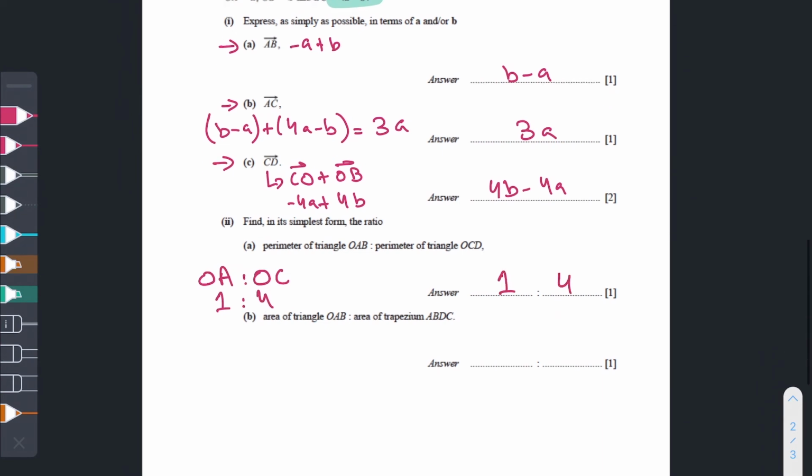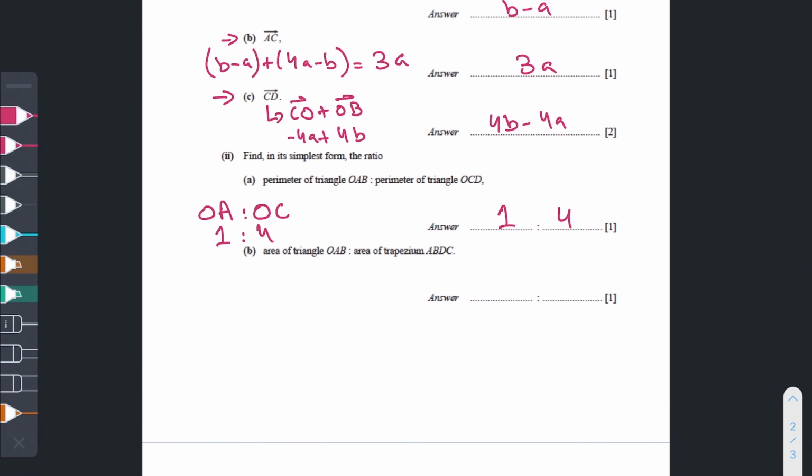The last part of the question says, the area of the triangle OAB against the area of the trapezium ABDC. For example, if you are comparing the two triangles OAB against OCD, the areas would be 1 squared because the length was 1, and 4 squared, right? So the ratio between them would become 1:16.